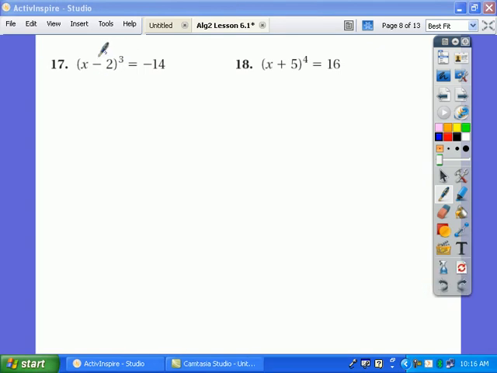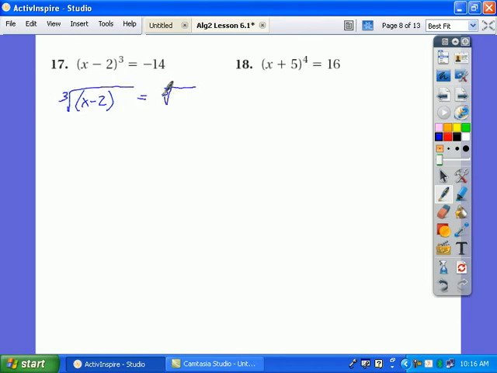All right. So here, to get rid of our cubed power, we're just going to take everything to the 1/3 power, or the cube root. In this case, I'll write it as the cube root, and the cube root of negative 14. And so here we get x minus 2 equals the cube root of negative 14.